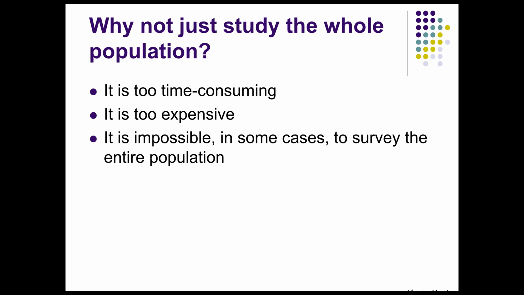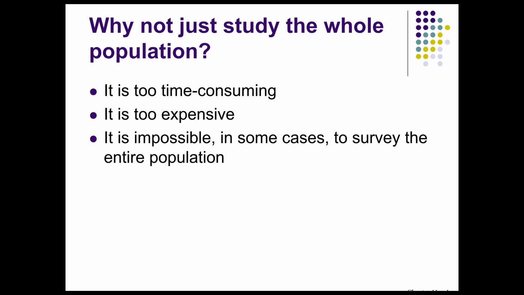Why not just study the whole population? Usually researchers are not able to study the whole population because it simply will take too long to do so. The population's too big, or it would just be too hard, or it could be too expensive. Researchers don't have an unlimited budget. Everybody has a bottom line that they have to meet.